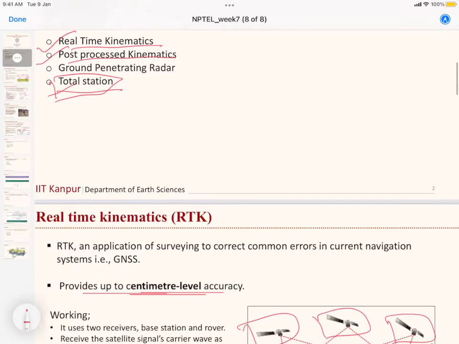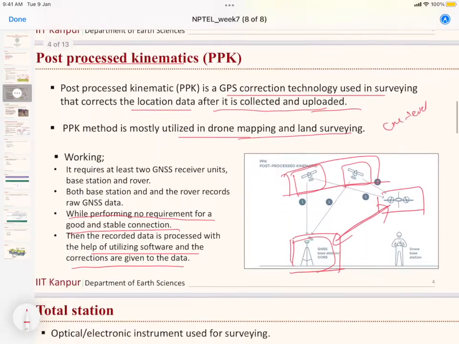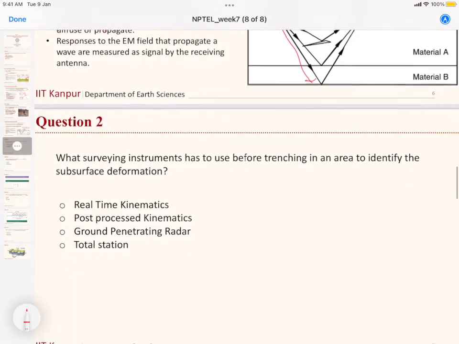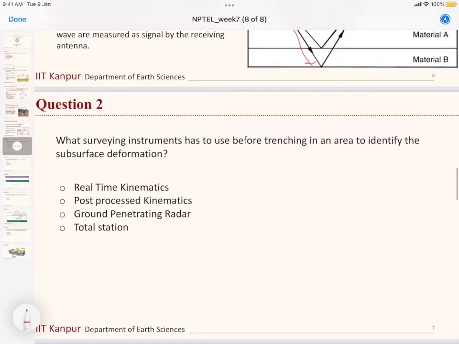Okay, so moving ahead, we have understood this. I think now you will tell me the answer of this question. I will just read out the question. It's not visible.